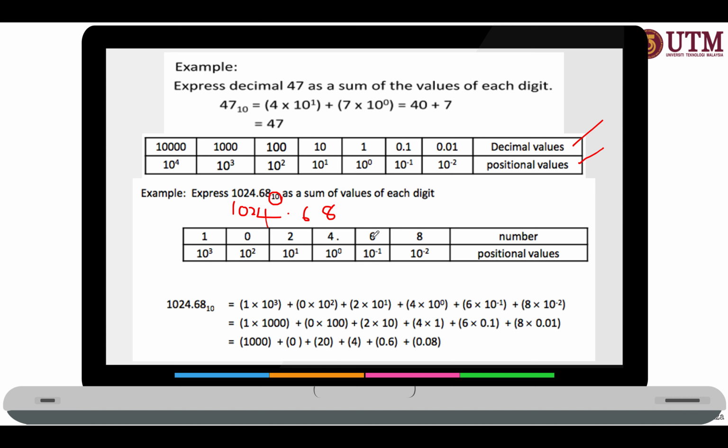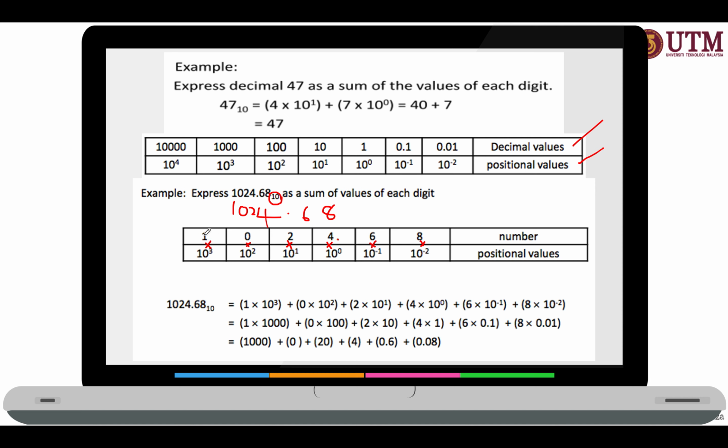We have 6 and 8 for the negative side, starting from this point, and for 6 it is 10 to the power of negative 1, you need to multiply, over here until this one.